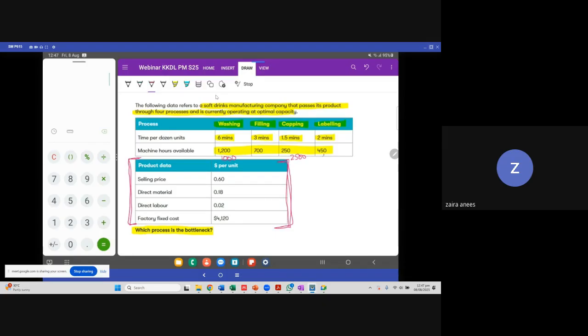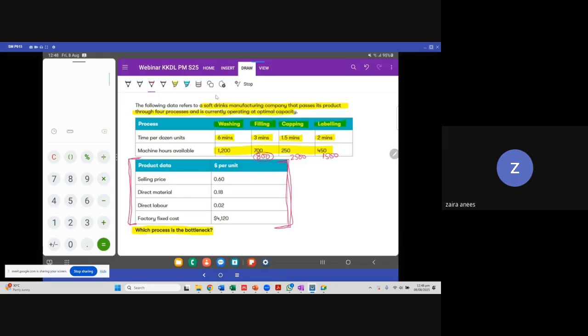Labeling you can do 1500. But in filling you can only fill 800 bottles. These are the capacities. So which process is actually limiting your output? Filling, because you can only fill 800 bottles. So even if you wash 1000 bottles, you don't have material to fill. If you will not fill it, you cannot produce the output. So actually the bottleneck in this case is filling.